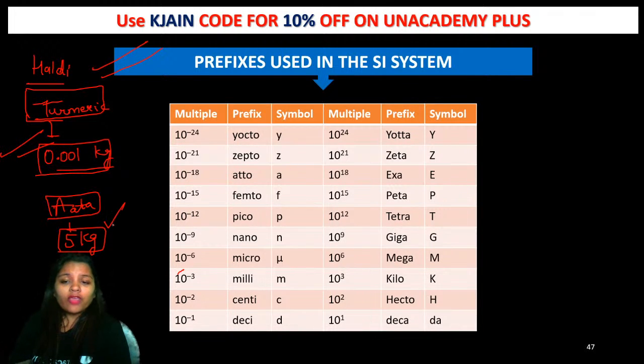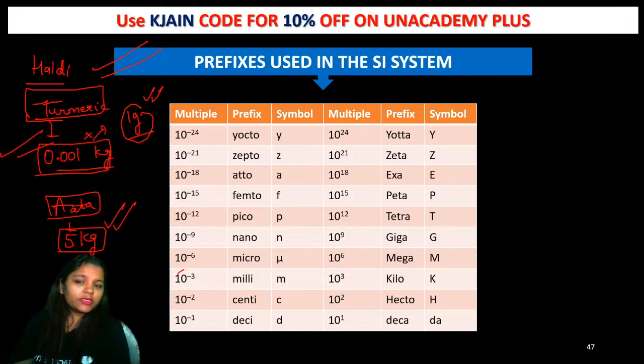I think 5 kg sounds cool, and turmeric 0.001 does not sound good. Even the shopkeeper will say, what are you saying, 0.001 kilogram? If you say 1 gram, then this sounds better than 0.001 kilogram.